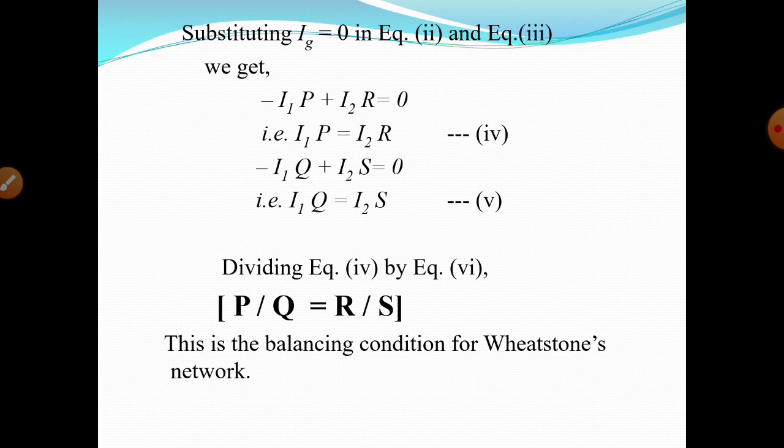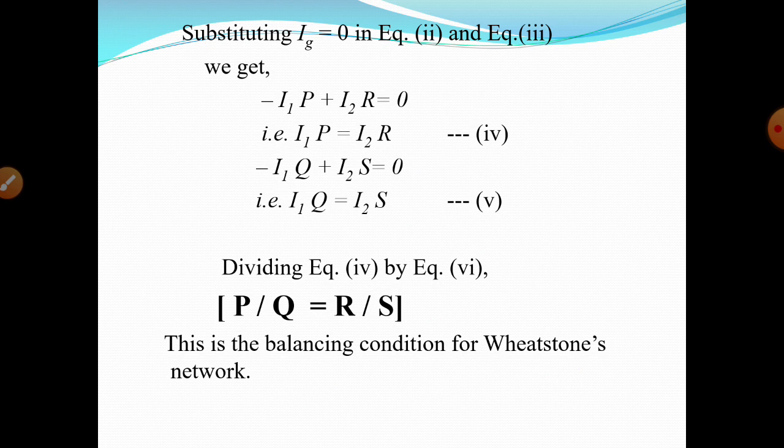Now we have to see one application of the Wheatstone's bridge. Also, we can solve this Wheatstone's network by using Ohm's law. The same balancing condition for Wheatstone's network can be obtained by using Ohm's law.